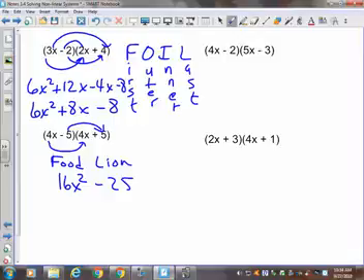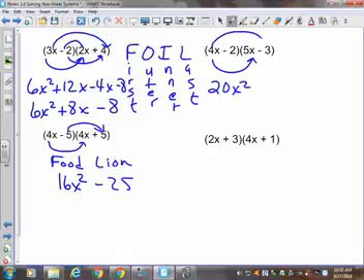Now, let's look at a couple more. So in this problem, both parentheses have a subtraction sign, where the first one I did had one of each. Let's see how that plays out. So first times first is going to be 20x squared. What's my outer going to be? Negative 20x.